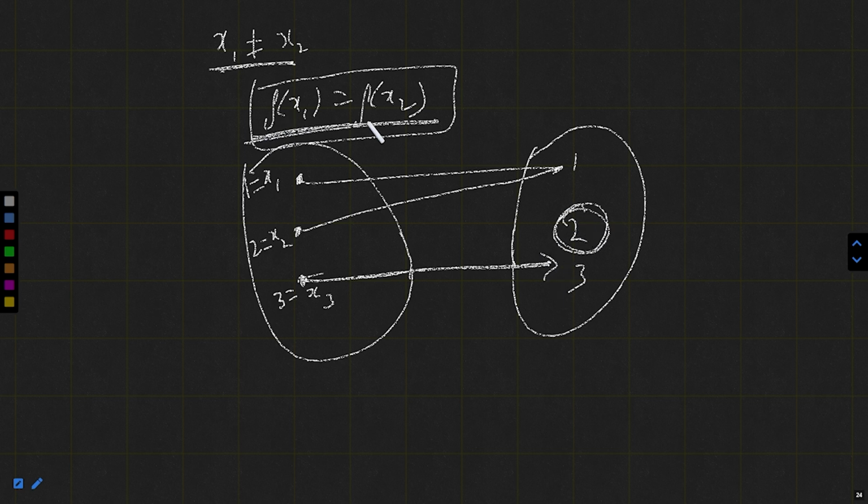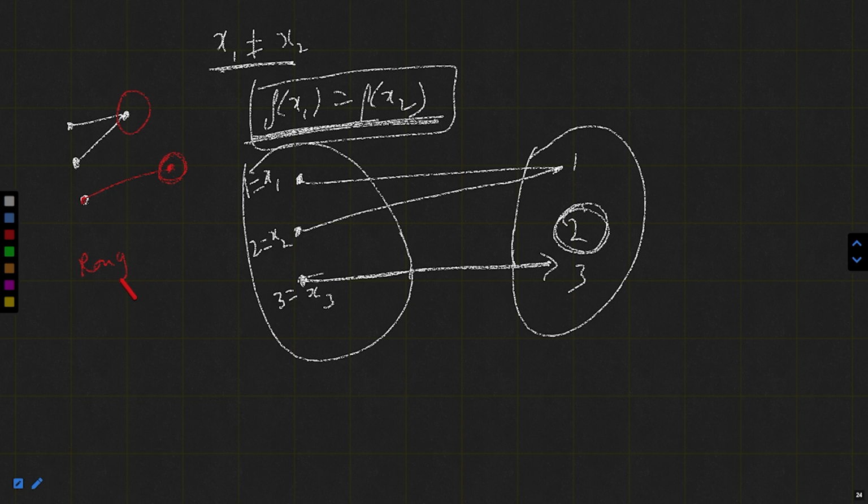Two different inputs are associated with a single output, so in total we will get 2 elements in the range set, but there are 3 elements in the codomain set.